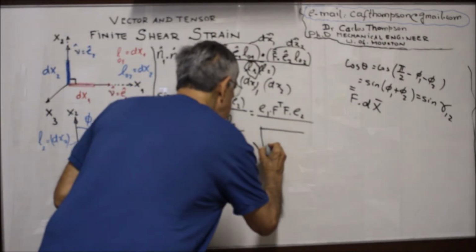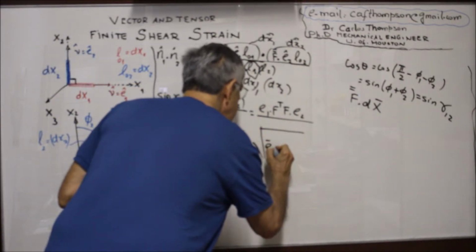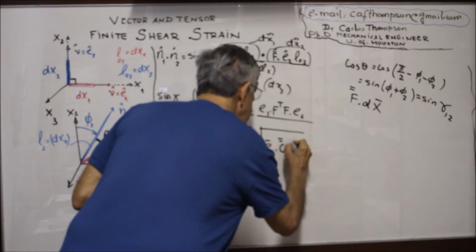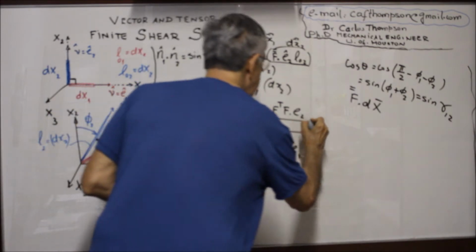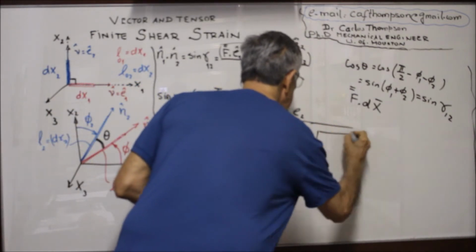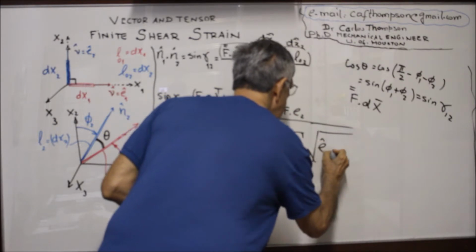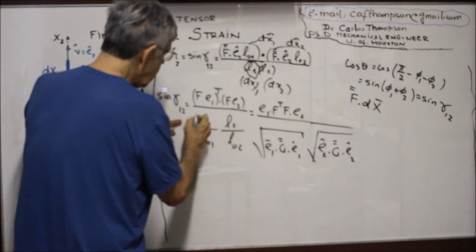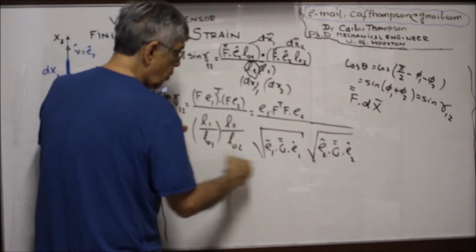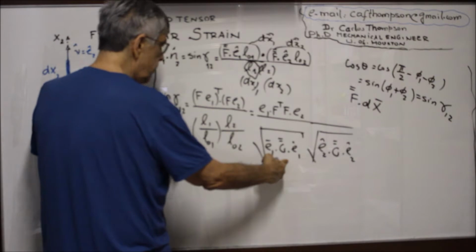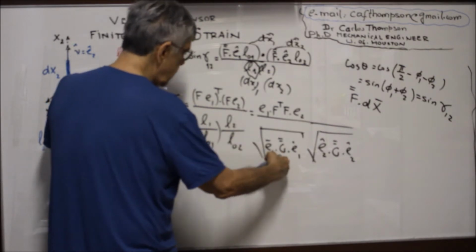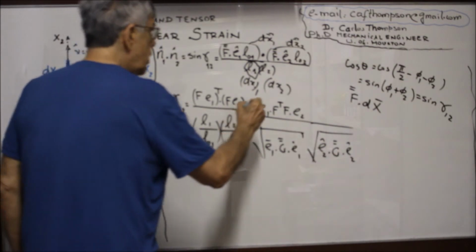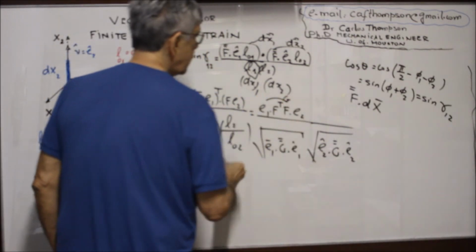This will be the square root of E1 dot G dot E1 times the square root of E2 dot G dot E2. You see, this is L1 divided by L01. This is equal to this, and this is equal to that. Now this is G, you see, that's G.